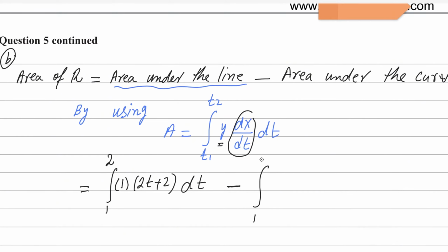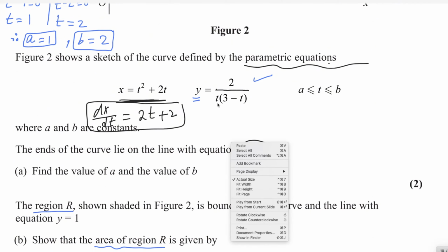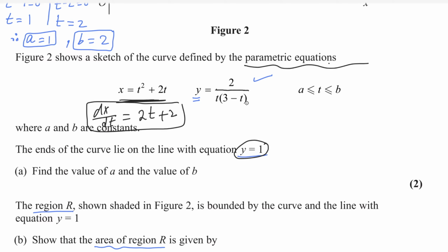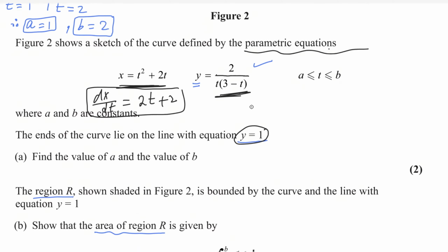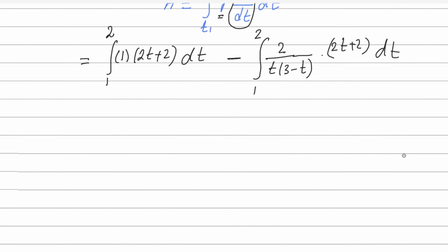Then minus the area under the curve. For the curve, the equation is given there from 1 to 2. The value of y is given there, that is 2 over t into 3 minus t. We will use this value for y to find the area under the curve. And dx by dt we already found, that is 2t plus 2, and dt. Now the simple thing here, we will just integrate this function.